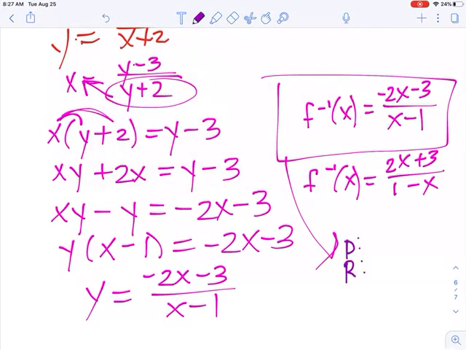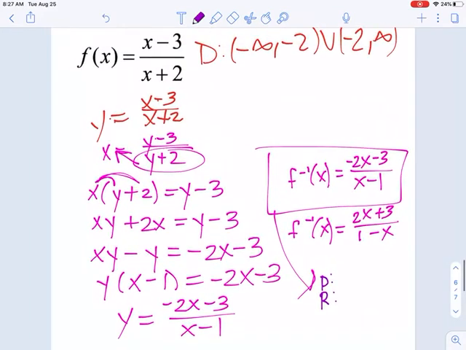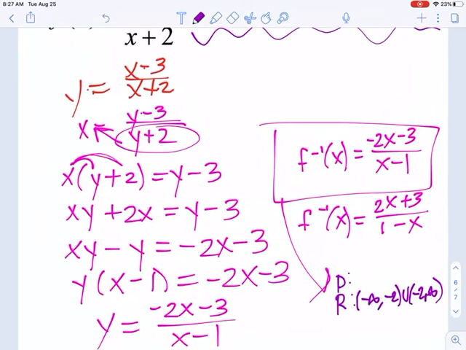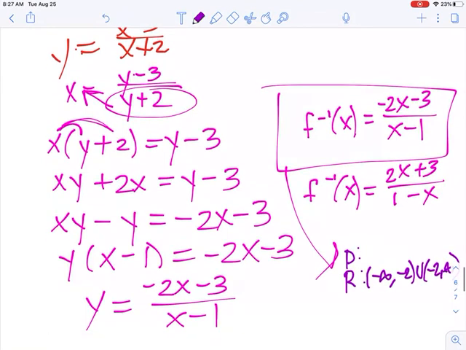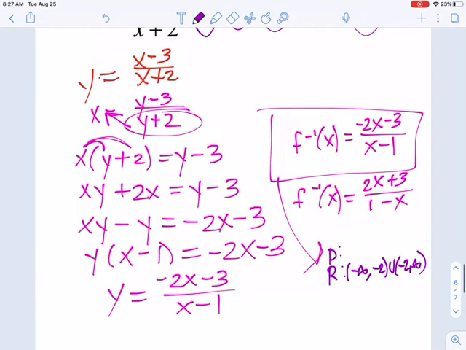So either one of these are okay. In addition to this, though, you need to tell me the domain and range, okay? Now, we know that the range comes from the domain of our original, so this right here becomes the range for our inverse. And then, if we look at our inverse, we can see that the value x equals 1 would cause our denominator to be 0, so that is what we need to exclude.